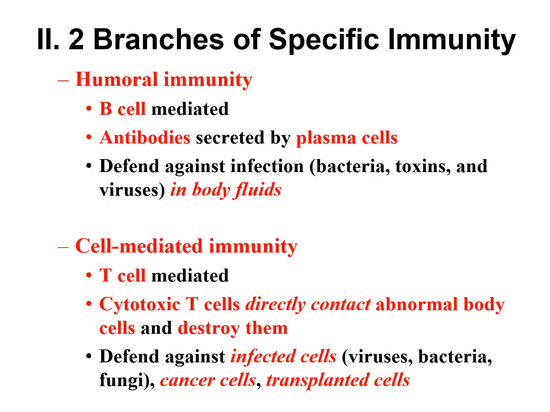There's two branches of the specific immune response. So to start, this is really important to know. There's humoral immunity and cell-mediated immunity. So humoral immunity involves the B lymphocytes. And when the B lymphocyte finds its match, it starts dividing, and the effector cells that it produces to do battle are called plasma cells. And these plasma cells produce antibodies.